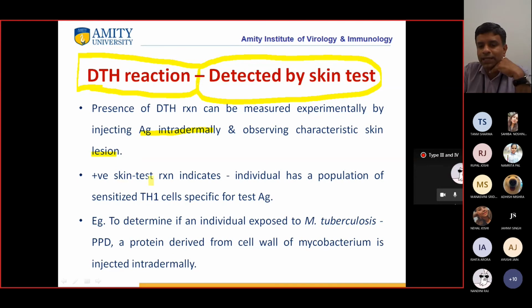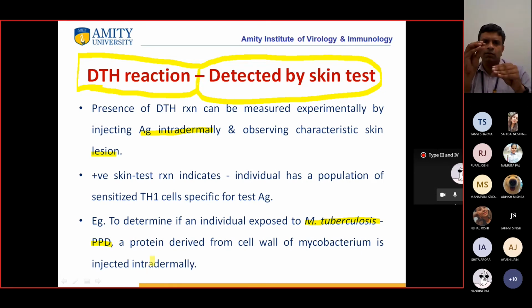A positive skin test reaction indicates the individual has a population of sensitized T helper 1 cells specific for the test antigen, okay. For example, to determine if an individual is exposed to Mycobacterium tuberculosis, PPD, a protein derived from the cell wall of Mycobacterium, is injected intradermally, okay.